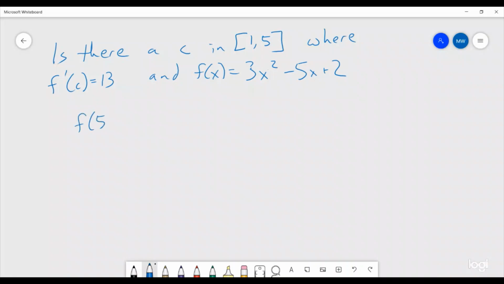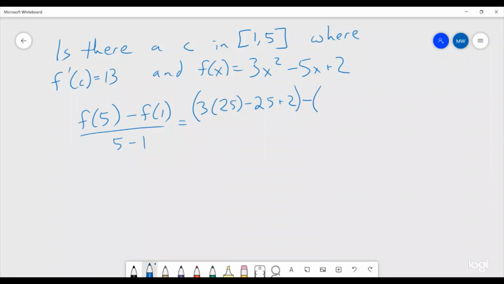So f of 5 minus f of 1 divided by 5 minus 1. So that'll be 3 times 25 minus 25 plus 2 minus 3 minus 5 plus 2, all over 4. Well, that goes to 0.